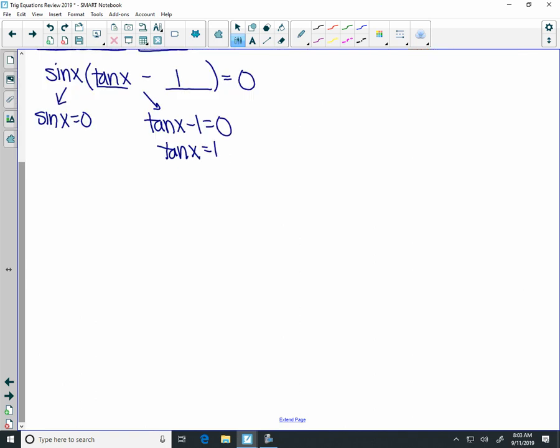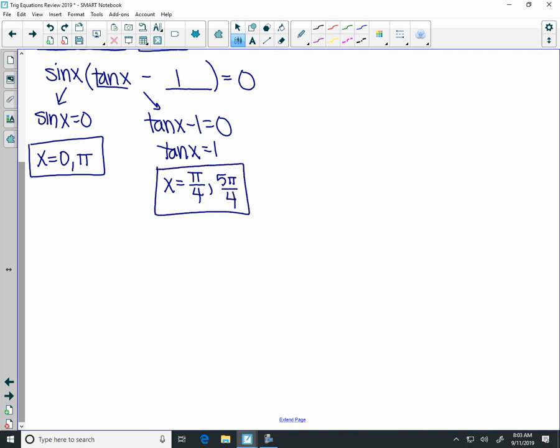Well, sine is 0 at 0 and pi. And tangent is 1 at pi over 4. Tangent's also positive 1 in the third quadrant. So your third quadrant pi over 4 is 5 pi over 4.